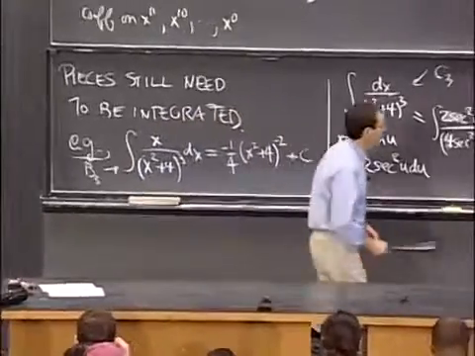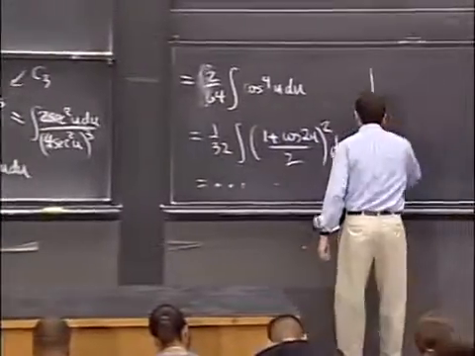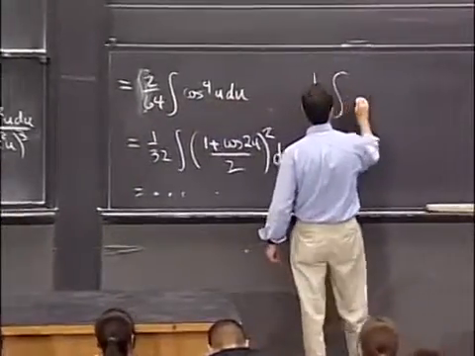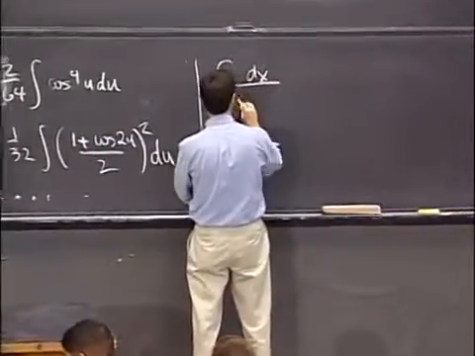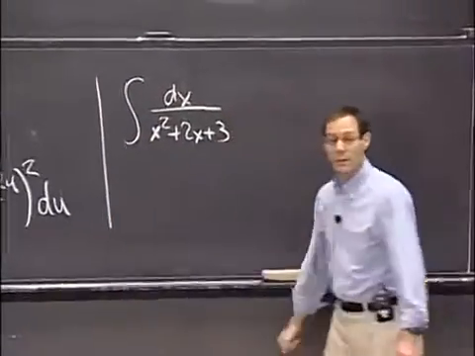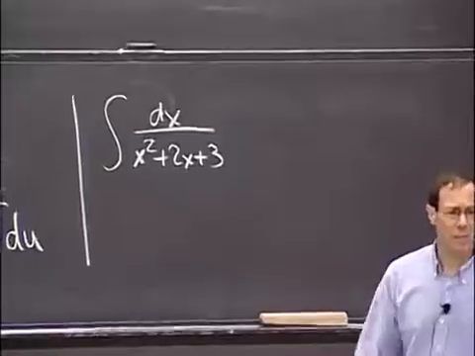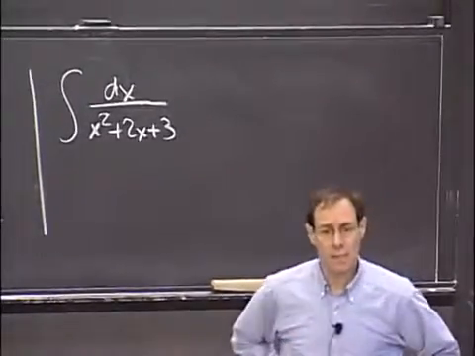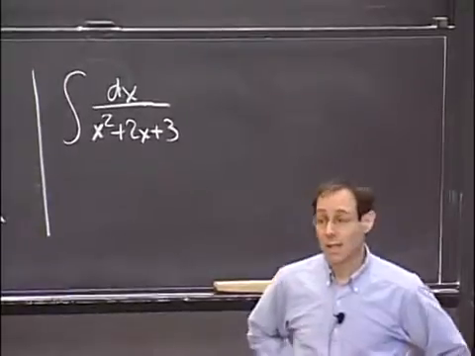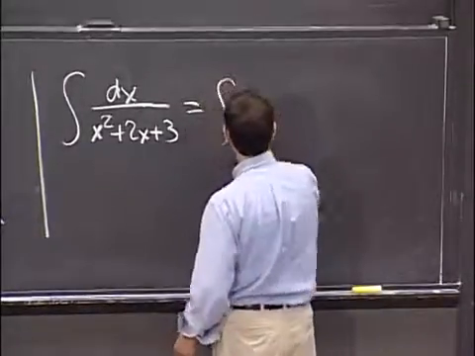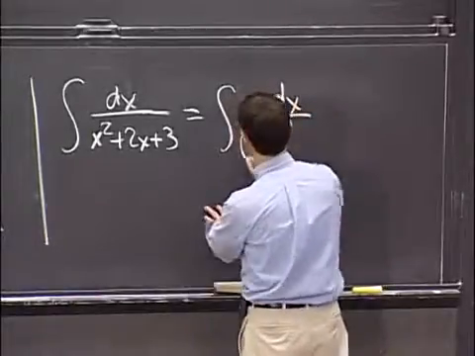By the way, there's even another horrible thing that happens, which is if you handle this guy here, what's the technique? This is another technique that you learned, supposedly, within the last few days. Completing the square. So it turns out you have to rewrite it this way.